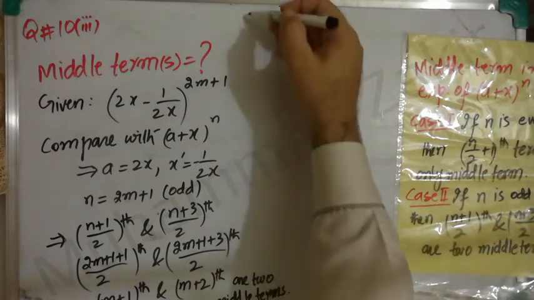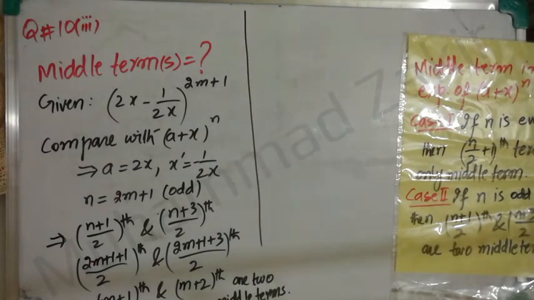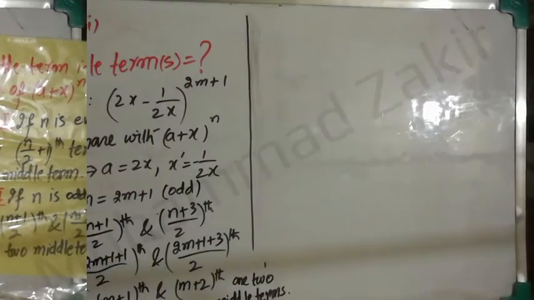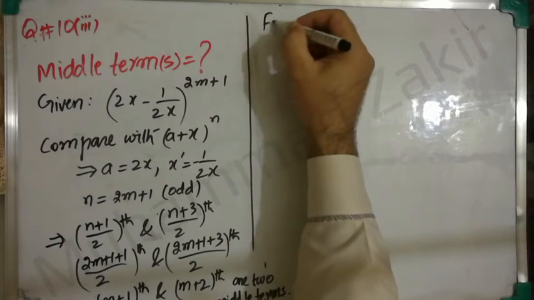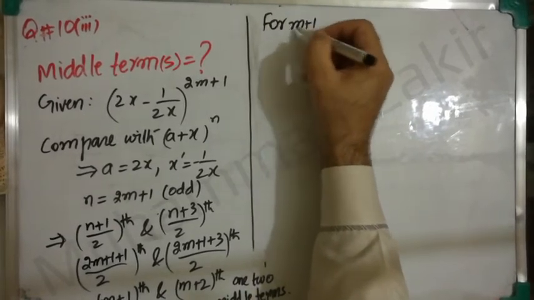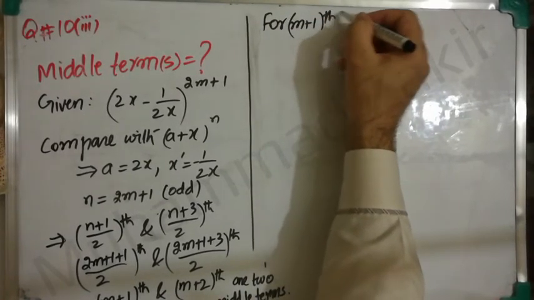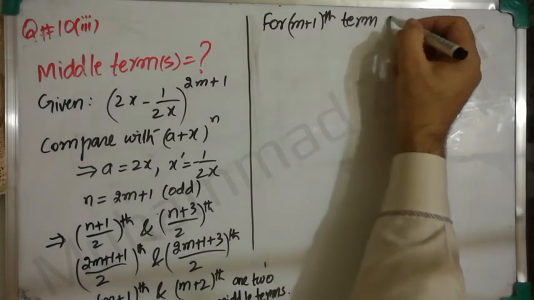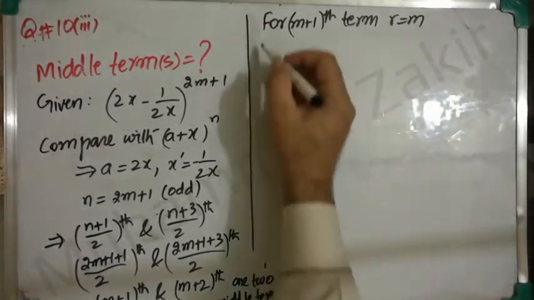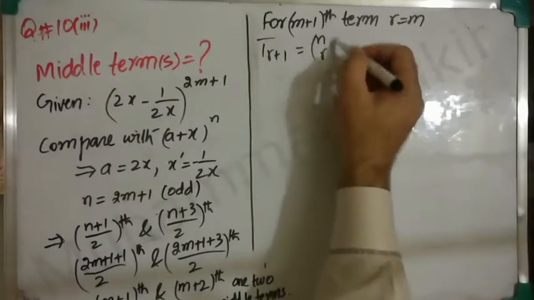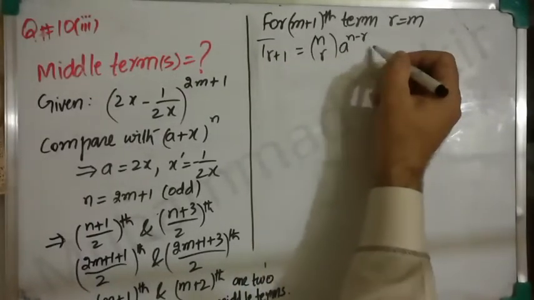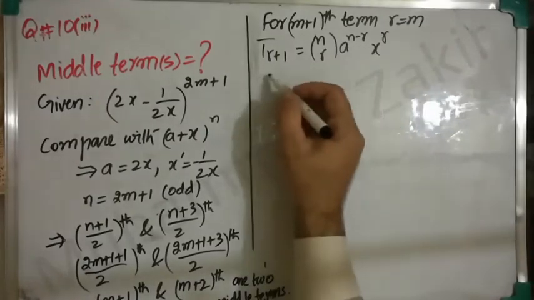So we'll be finding these terms. Now first we find the (m+1)th term. For the (m+1)th term, r is equal to m. Now we use T(r+1) = nCr a^(n-r) x^r.